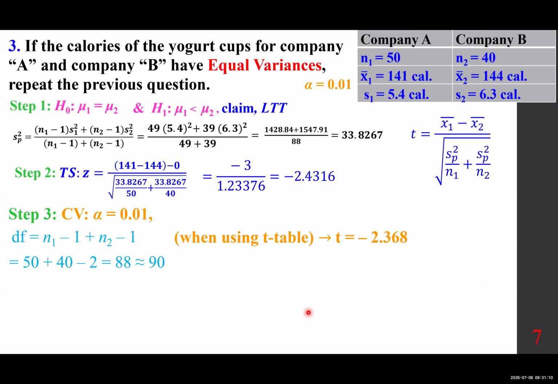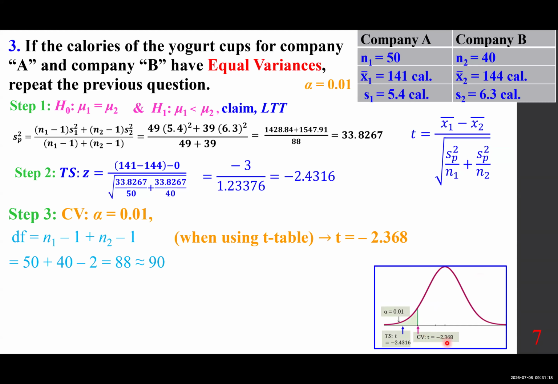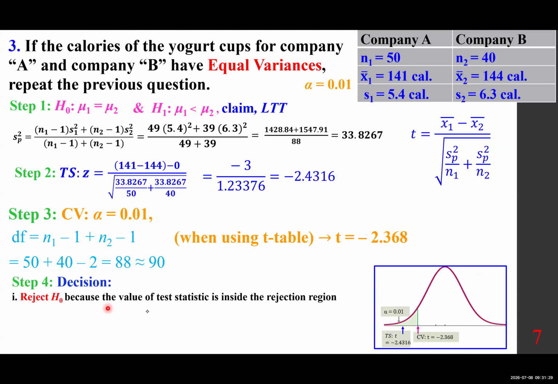Now we do the drawing. I highly recommend you do the drawing so you can compare and contrast. So the critical value is negative 2.368, and your test statistic is negative 2.4316, way into the rejection region. So reject H0, because the value of the test statistic is inside the rejection region.